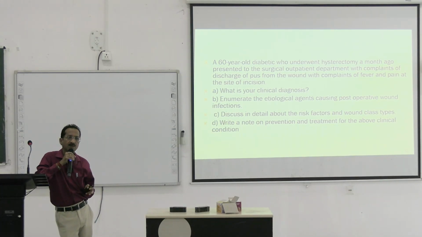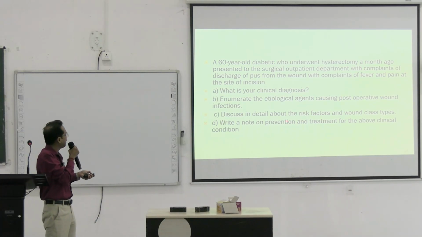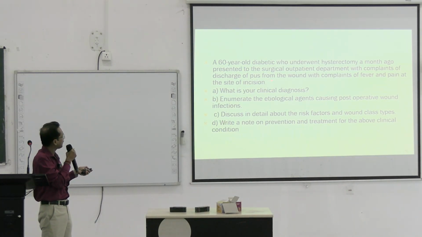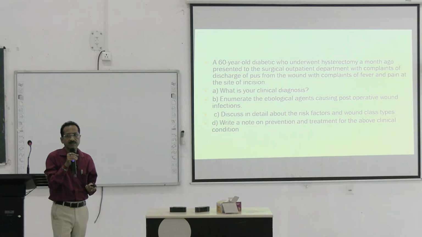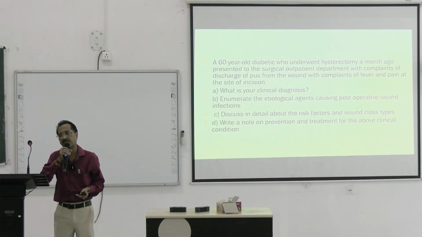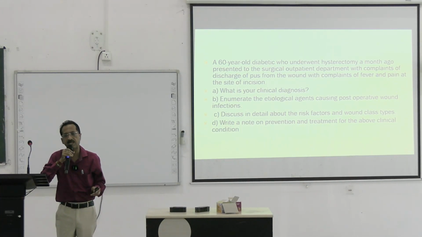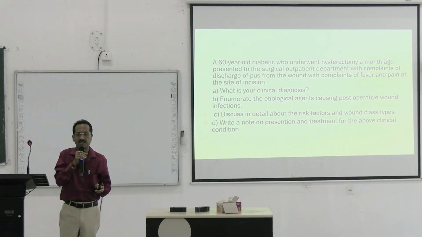Staphylococcus aureus, coagulase negative staph can be hospital acquired infection, like gram negative bacilli, Pseudomonas or other Enterobacteriaceae, all can be etiological agents. Though the patient is not admitted, what is the definition of surgical site infection? That should be within a month, 30 days. And if any surgery which has some implant, then up to 90 days is surgical site infection.